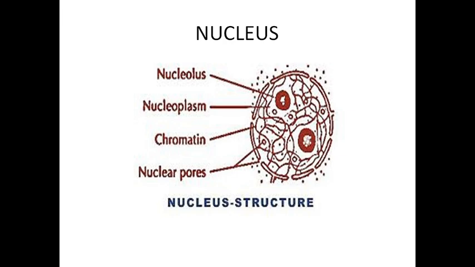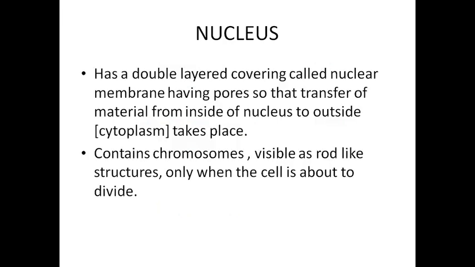And these nuclear pores are formed on the nuclear membrane. Now the nucleus has a double layered covering called the nuclear membrane. They have pores, so they transfer material from inside of the nucleus to outside of the nucleus. Outside means the cytoplasm.